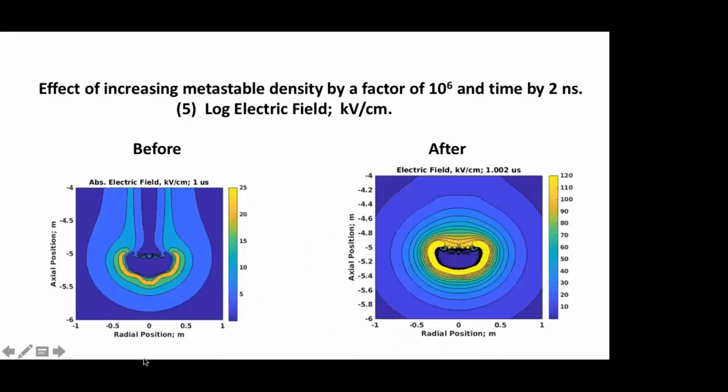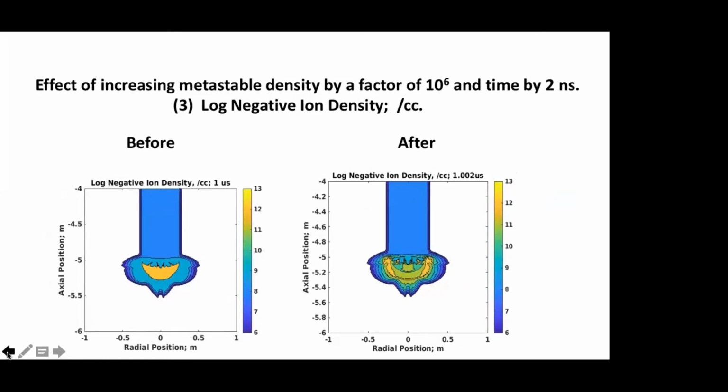Then finally and dramatically, this blob of plasma, which has now got many metastables in it, the metastables have converted the negative ions largely to electrons. So the electron density here is very large.